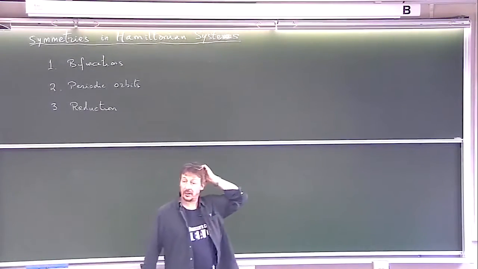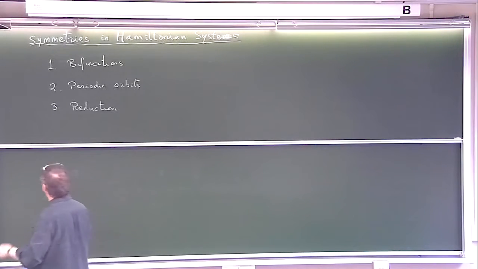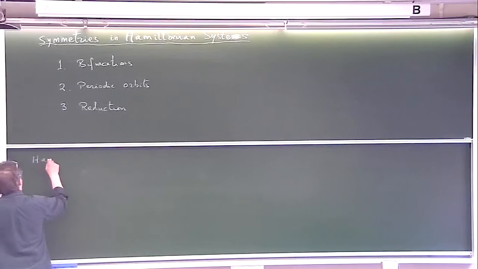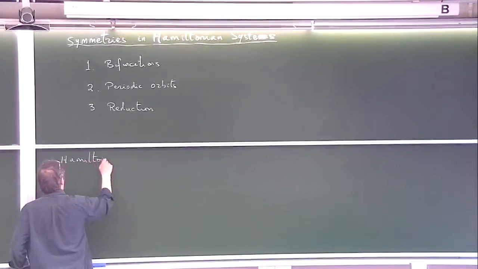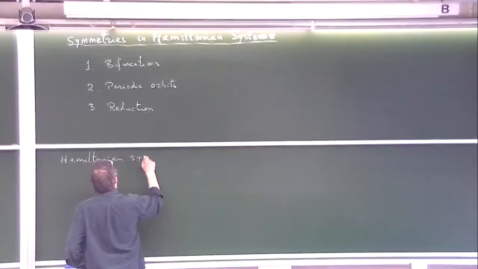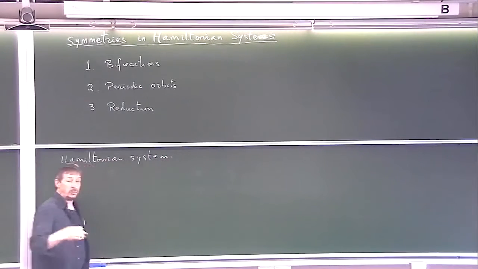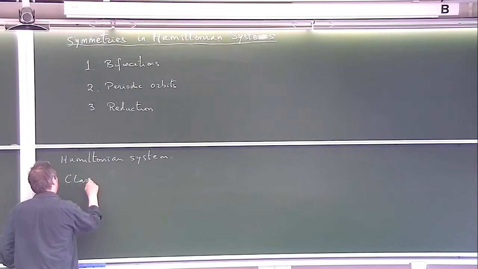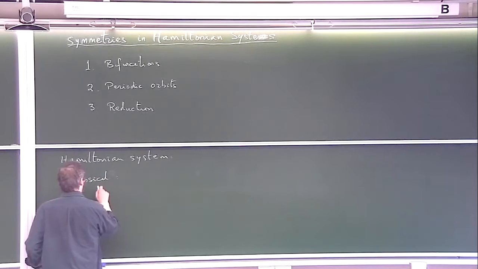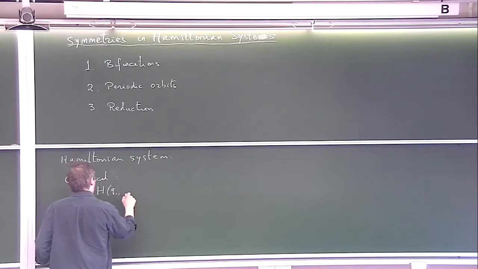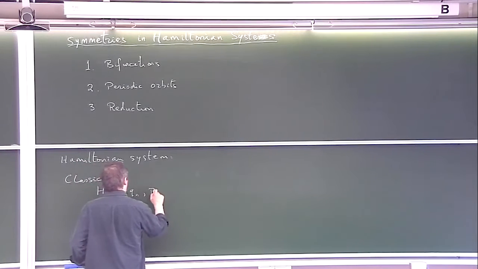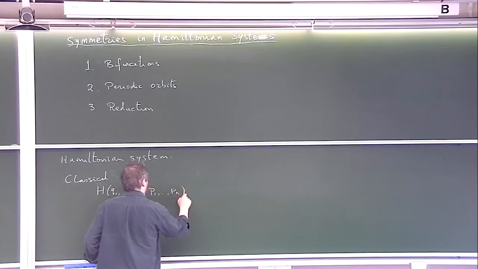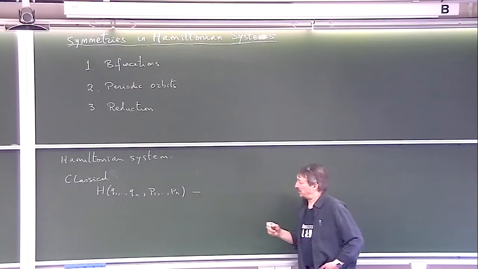So let me start very quickly at the beginning with what a Hamiltonian system is, Hamilton's equations. There are 2 ways to introduce them. One is more classical and the other more modern. So the classical: we have a function called the Hamiltonian.